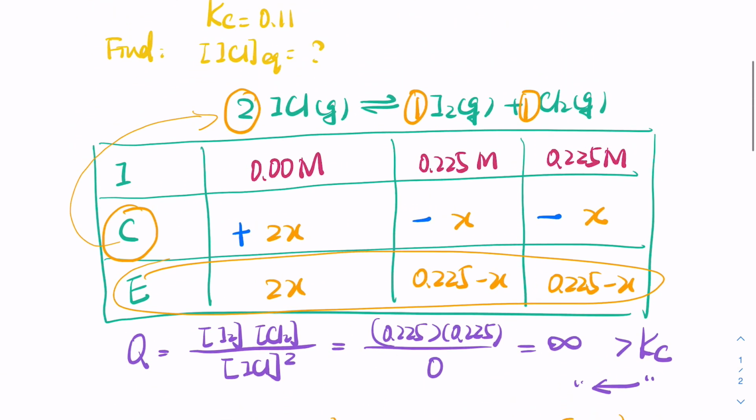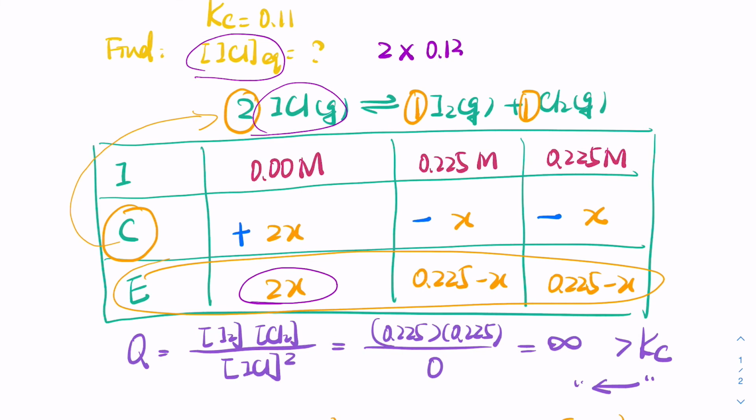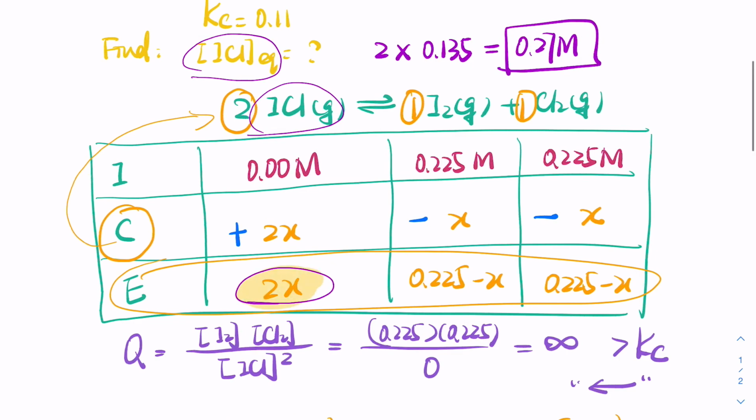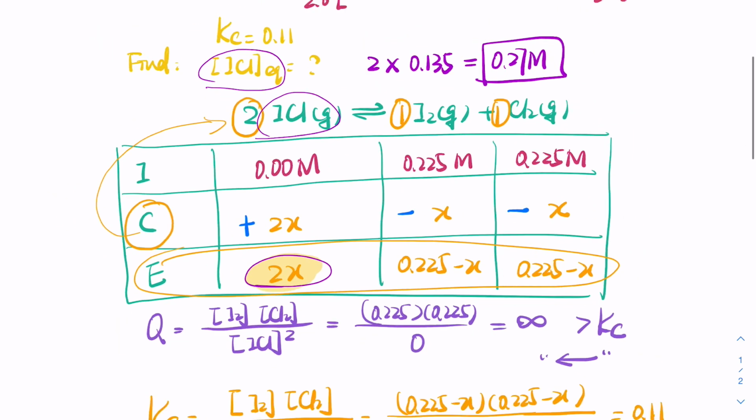The equilibrium concentration of ICl, which is 2x. So 2 times 0.135 gives the final answer of 0.27. That's the concentration of ICl at equilibrium, which is what we solved for.